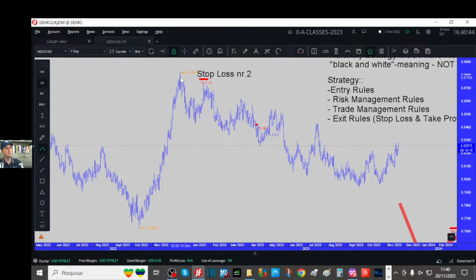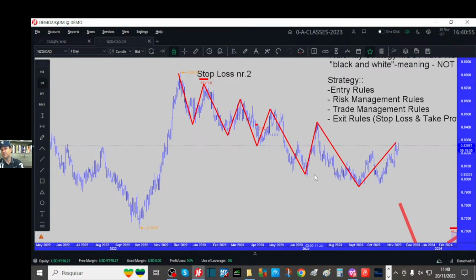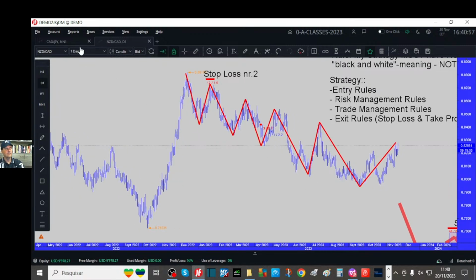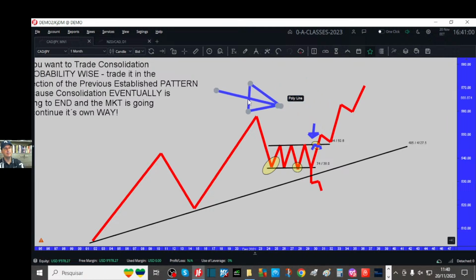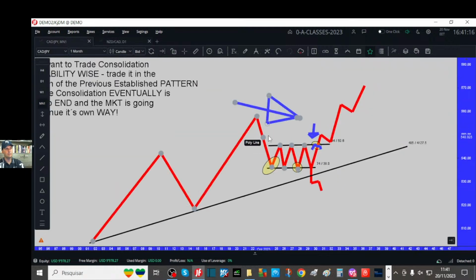Isn't the market going its own way? Lower low, lower high, lower low, lower high, lower low, lower high. Exactly. 7 times, not every single time, but 7 times out of 10 the market is going to resume and go its own way. In the CAD, downtrend, extension, retracement, extension. Right? And we're going to try to see some consolidation.